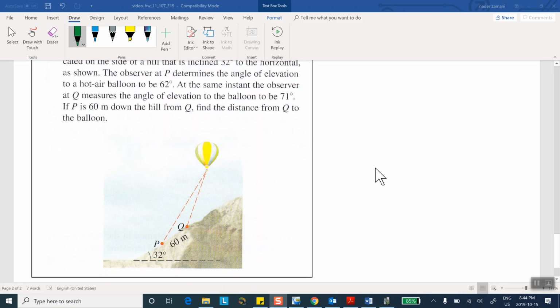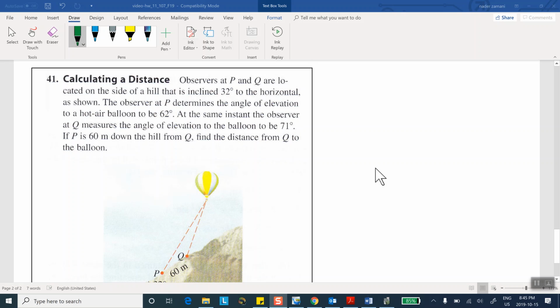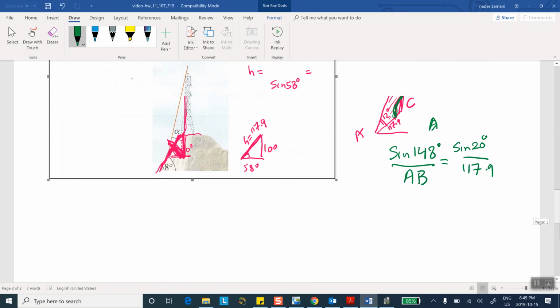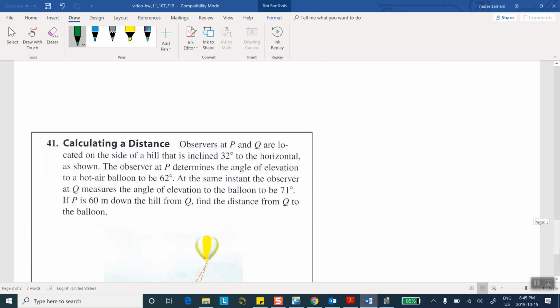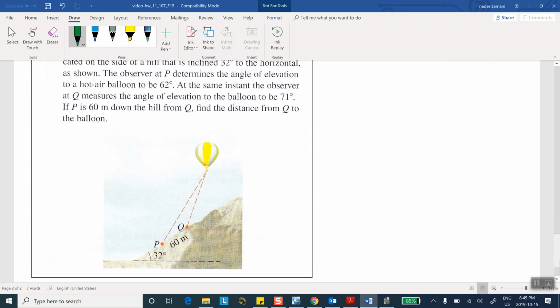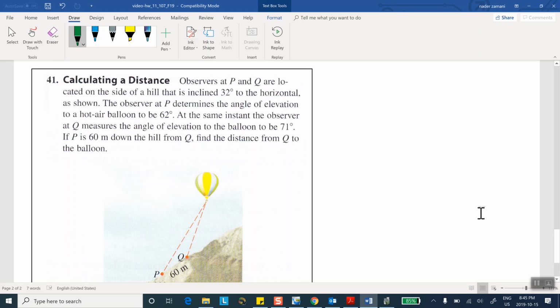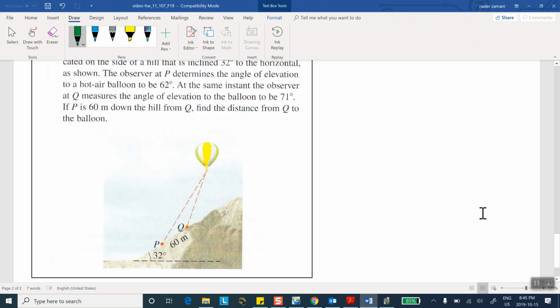Okay, so observers, this thing down a little bit. I may have to break this up, by the way, into another segment, but we'll find out. Observers P and Q are on the side of the hill, P and Q on the side of the hill, that is inclined at 32 degrees to the horizontal.